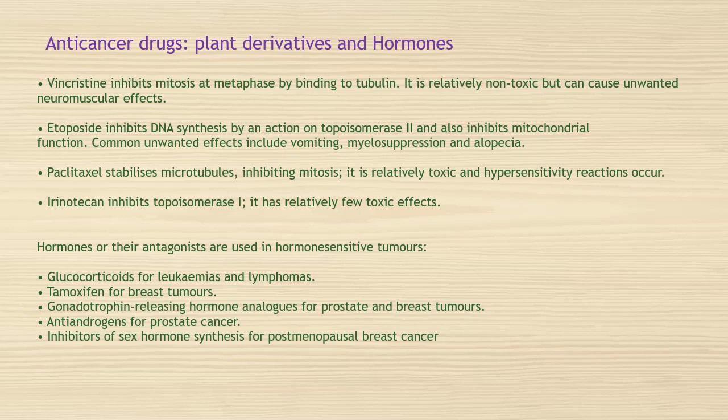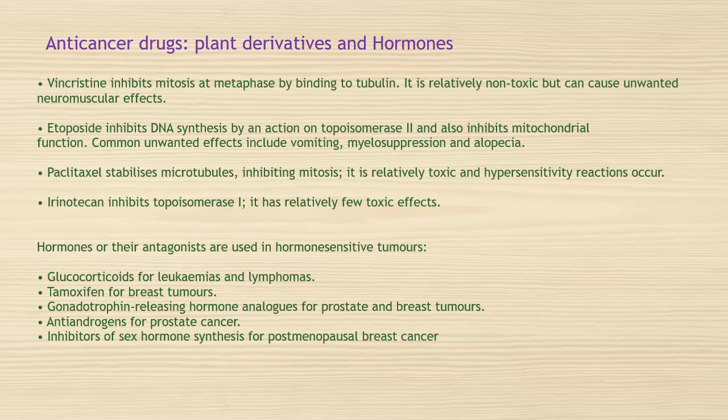Now, these hormone antagonists inhibit the synthesis of relevant hormones. So, hormones or hormone analogs, which themselves have inhibitory action on particular tissues, can be used in the treatment of tumors of these tissues. For example, glucocorticoids. They have inhibitory effect on lymphocyte proliferation. So they are used in leukemias and lymphomas.